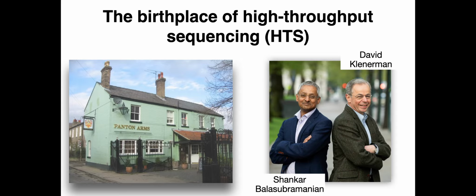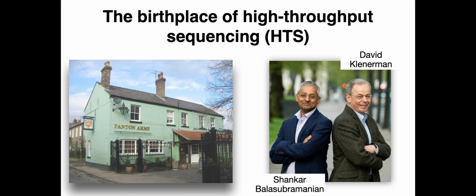And as they continued these conversations, they began to realize that these kinds of approaches using fluorescently tagged nucleotides could not only tell you something about DNA synthesis and DNA polymerase, but could actually give you the sequence of a DNA molecule. And that idea, simple and elegant, really formed the foundation of high throughput sequencing and ultimately sequencing by synthesis, that is Illumina sequencing as we know it today.